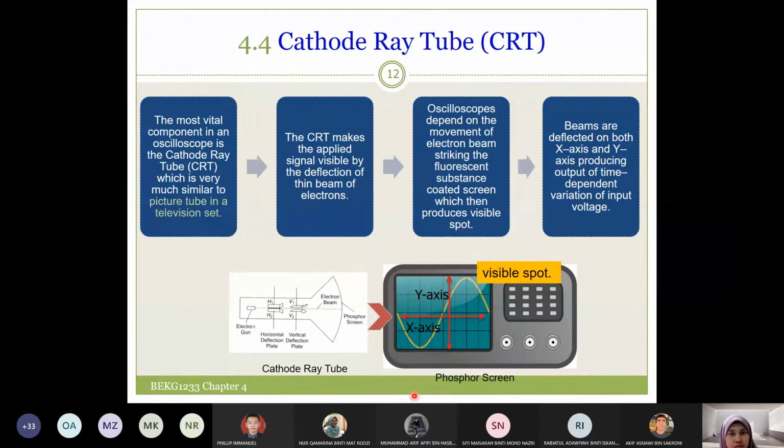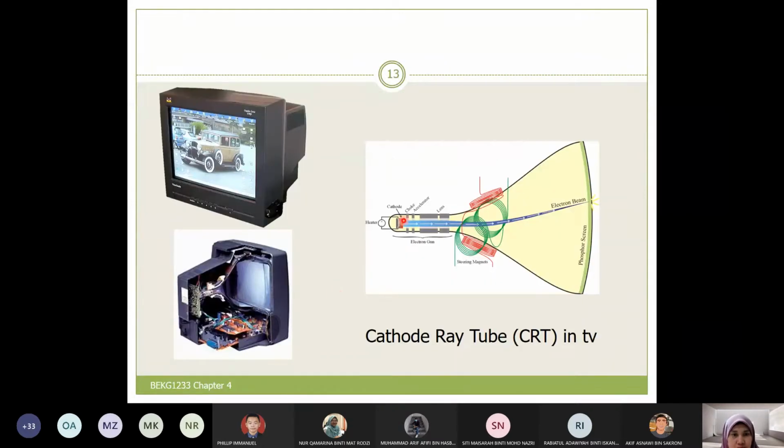Okay, this is the CRT, cathode ray tube, the middle part. This is the most vital component in an oscilloscope, which is very similar to the picture tube in a television set. This is a conventional television where we have a tube, like this, and we can see the shape of the CRT.